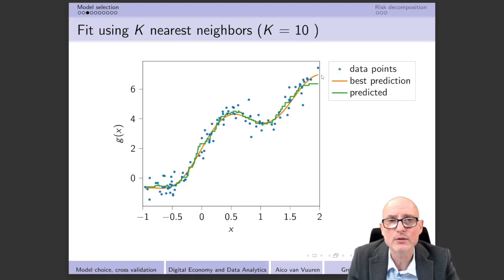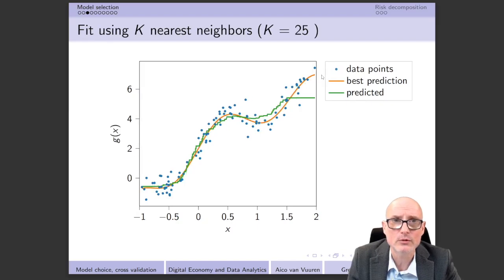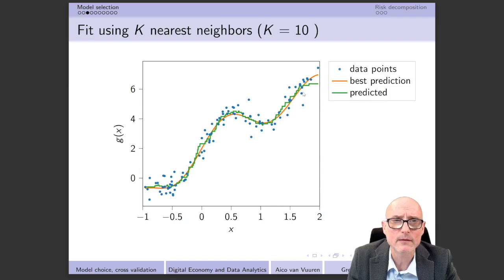It becomes immediately clear that we now do even much better than in the case of k equal to 25, where we still had a lot of differences over here. But at the moment that k becomes equal to 10, the differences are not that large anymore. So we get closer and closer to our best predictor.